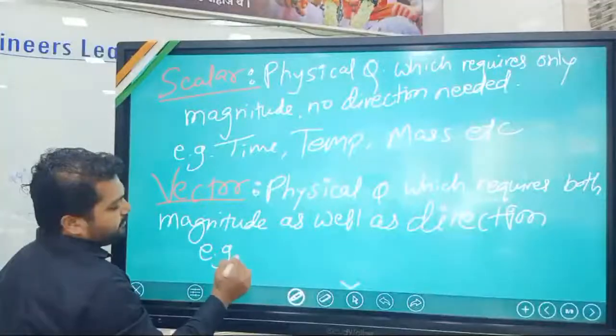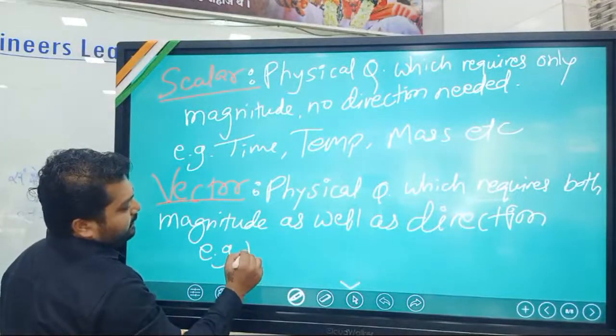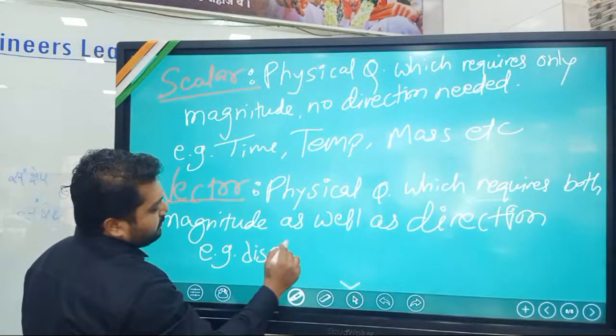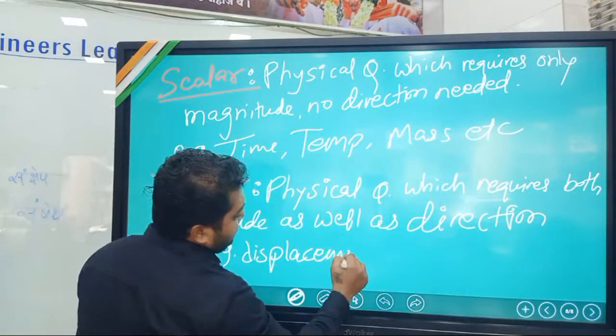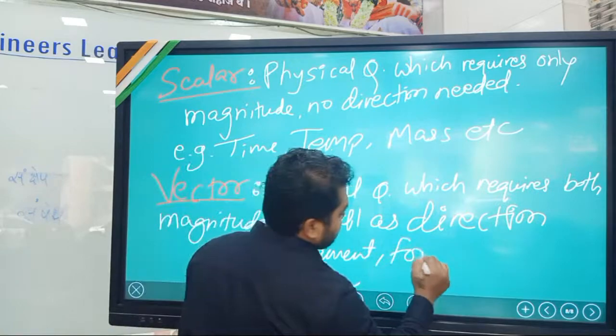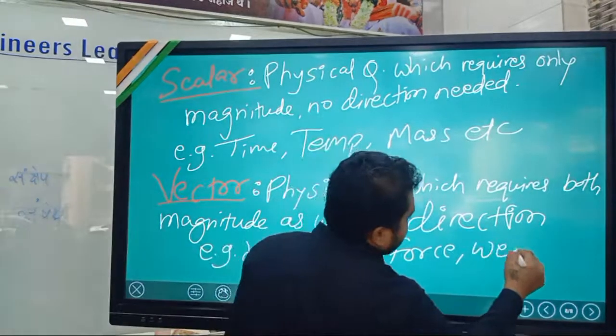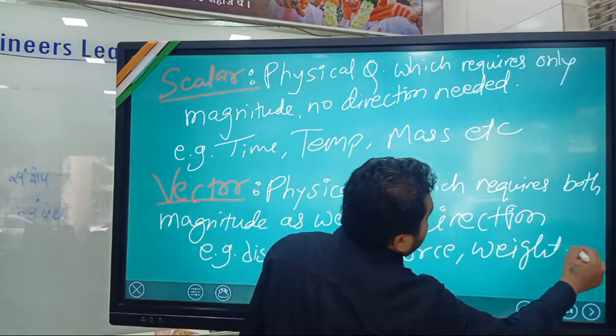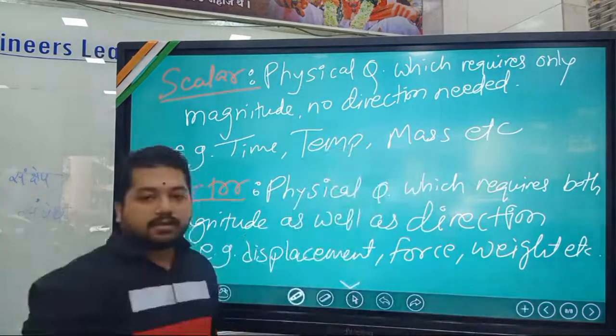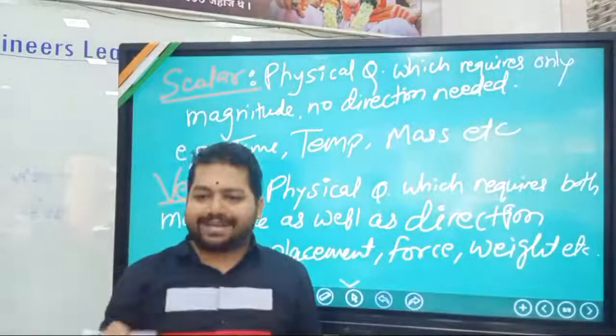Example: displacement, force, weight, etc. Fine. Sir, थोड़ा और elaborate कीजिए.